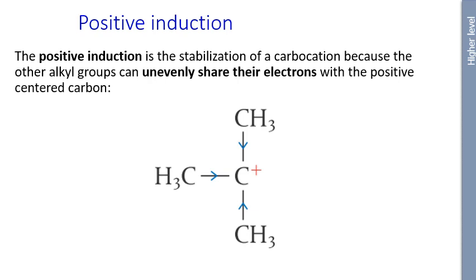This carbocation can also be stabilized by something known as inductive effects. The inductive effects of an organic compound have a significant effect on which nucleophilic substitution mechanism occurs between a nucleophile and a halogenoalkane. The most important factor is the difference in electronegativity between atoms present in the molecule.